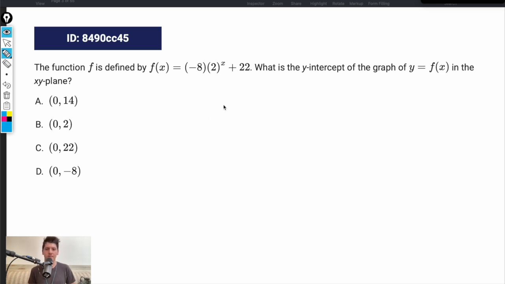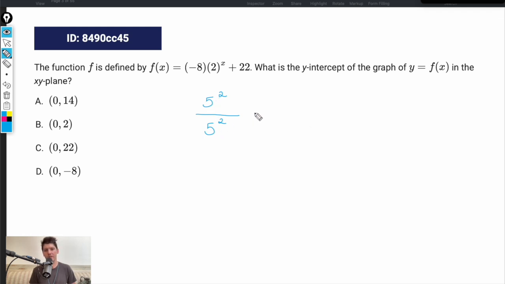So let's see. Let's say we had 5 squared over 5 squared. Now, that might be pretty obvious to you in one direction.